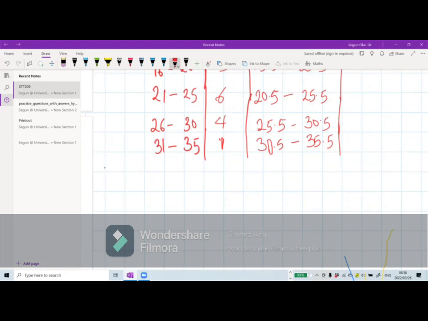Class midpoint is equal to lower class boundary plus upper class boundary divided by 2.